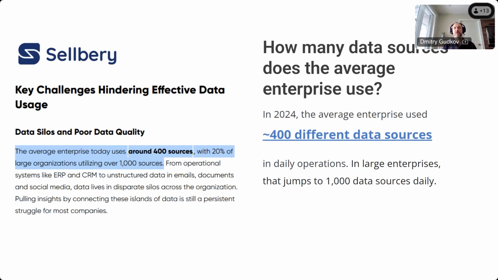Again, by the same research, in large organizations, the number of data sources may jump to almost 1,000 data sources, which are used daily. A huge number. And as you can imagine, nothing is really integrated well. It's all isolated, pretty much disconnected. So it's a quite fragmented IT landscape.